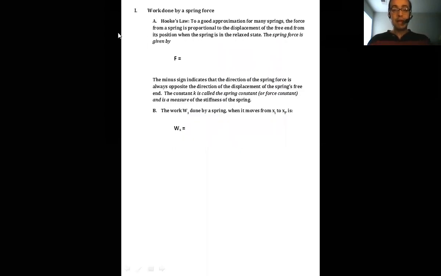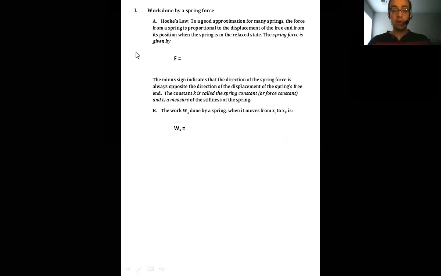The work done by a spring force is defined partially by Hooke's law. So if we're looking at spring force, to a good approximation for many springs, the force from a spring is proportional to the displacement of the free end, in other words, the end that's not tied to a wall or something like that, from its position when the spring is in its relaxed state.